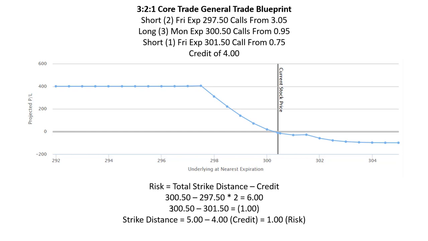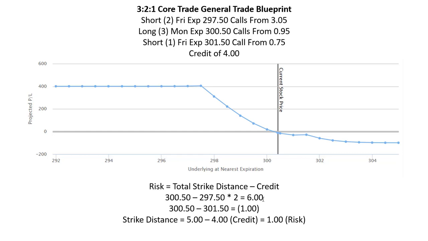Then we subtract the next short from the long. So we are long from 300.50 minus the third short at 301.50. Obviously we're only in one of those, and the spread difference there is negative $1.